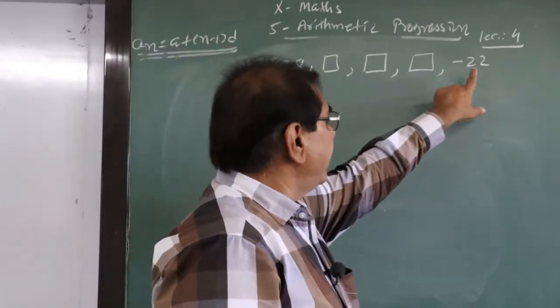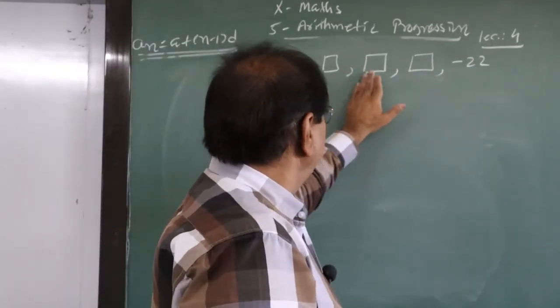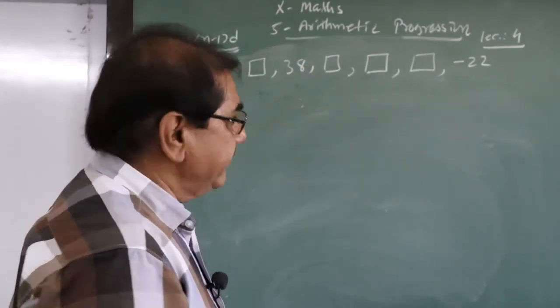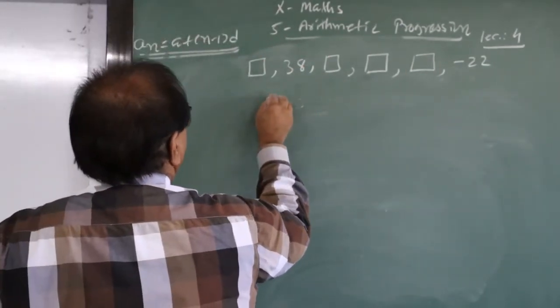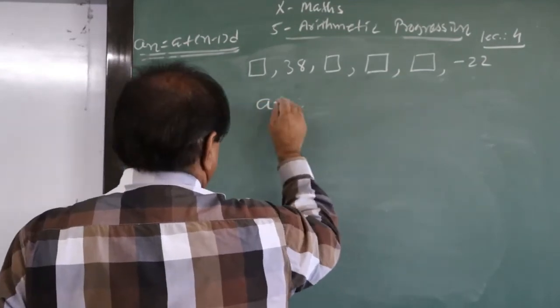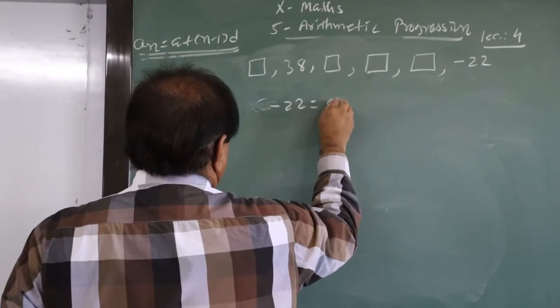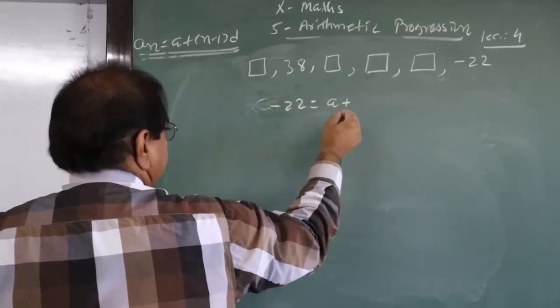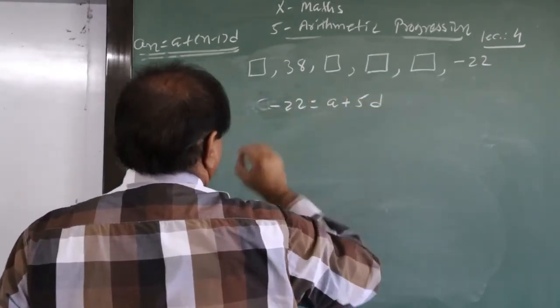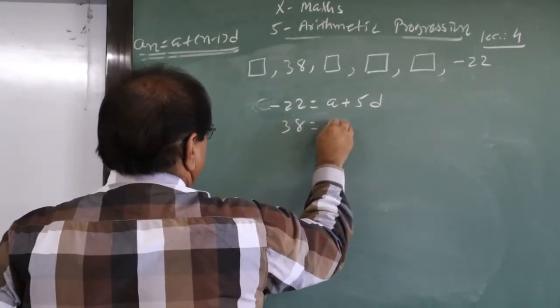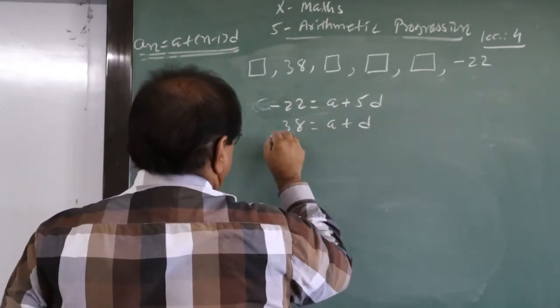Again, we can make the formula for A6 and the second term. So A6 is minus 22. A6 is equal to a plus (6 minus 1), 5d. For the second term, 38 is equal to a plus d.